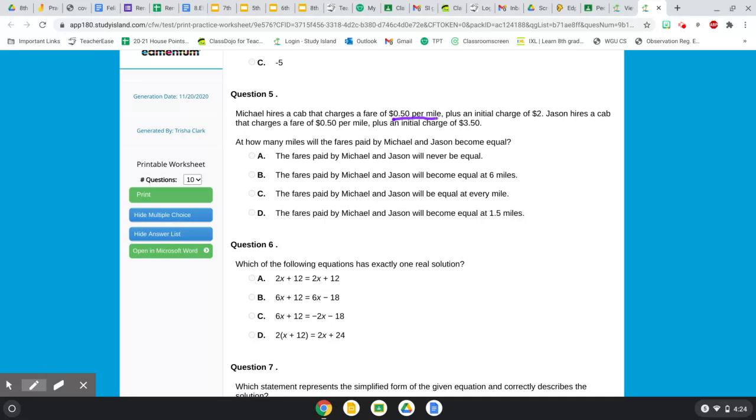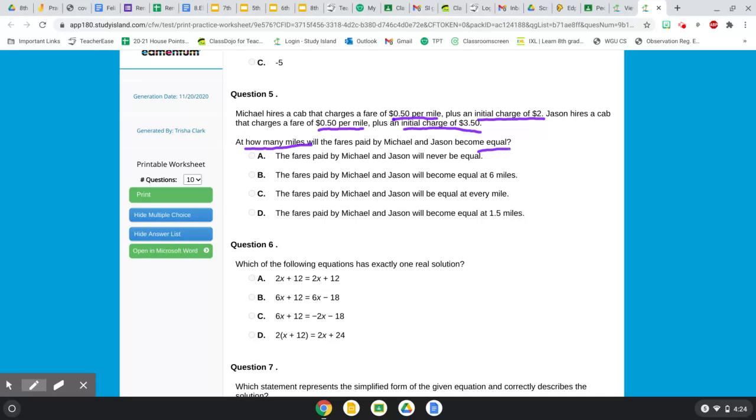Remember, initial just means a starting out fee. It's like a flat fee. So initial charge of $2. Jason hires a cab that charges a fare of 50 cents per mile plus an initial charge, again, just a flat fee of $3.50. At how many miles will the fares paid by Michael and Jason become equal?